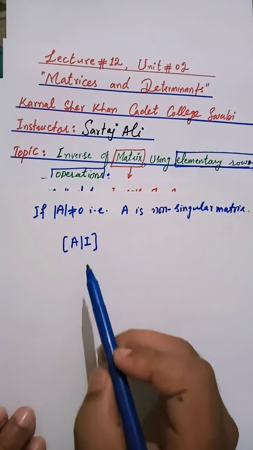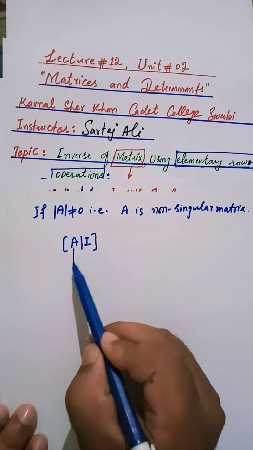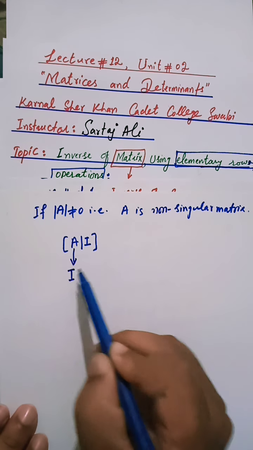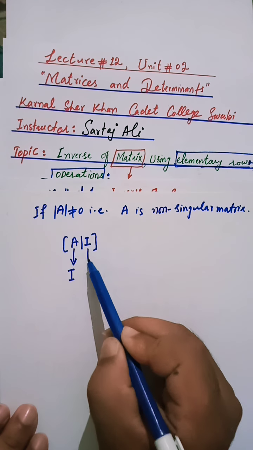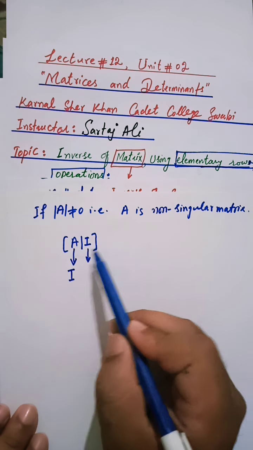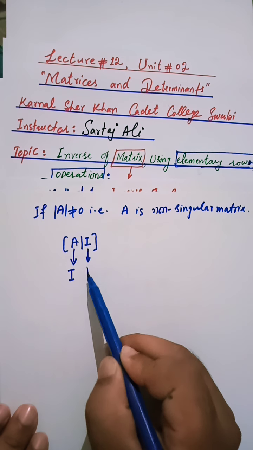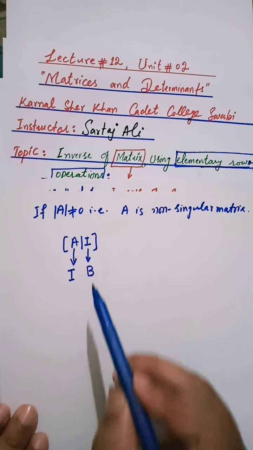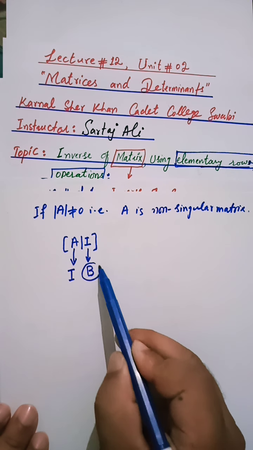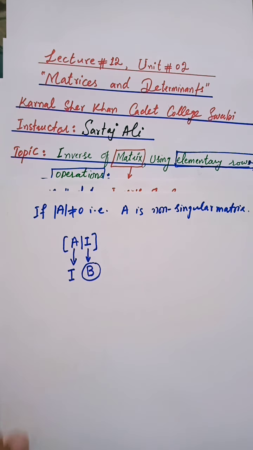After the row operations, when A is converted to identity, on the right side of the bar this I will be converted to another matrix B. So we say that this B is the inverse of A. This is the procedure to find the inverse of a square matrix using elementary row operations.